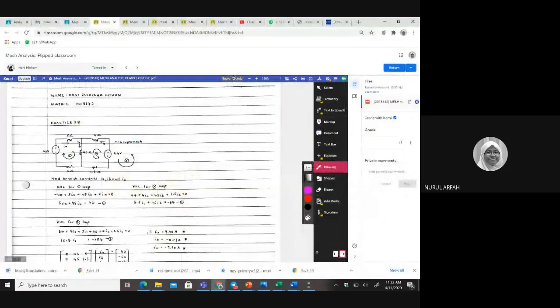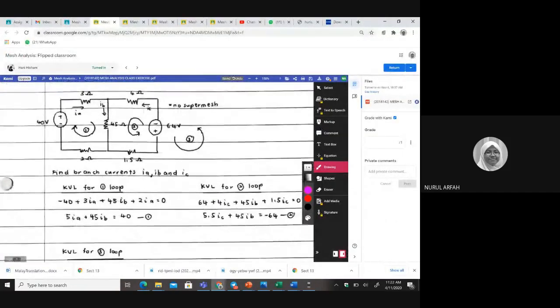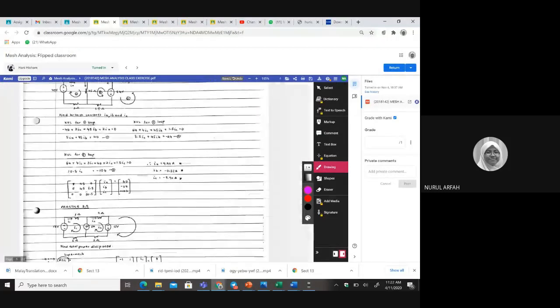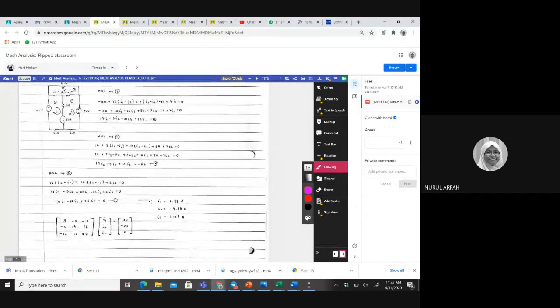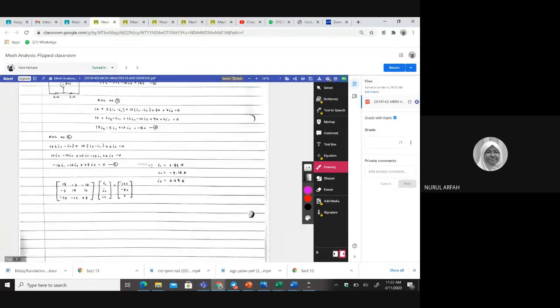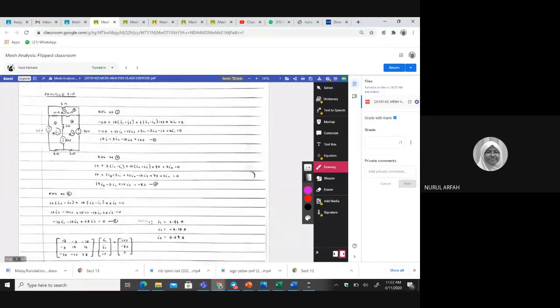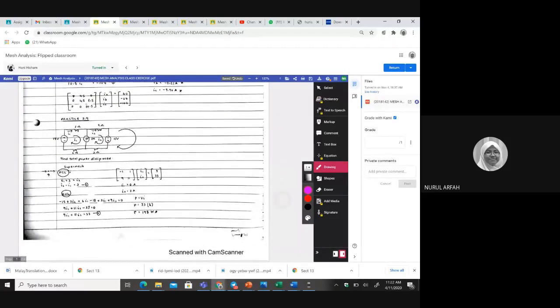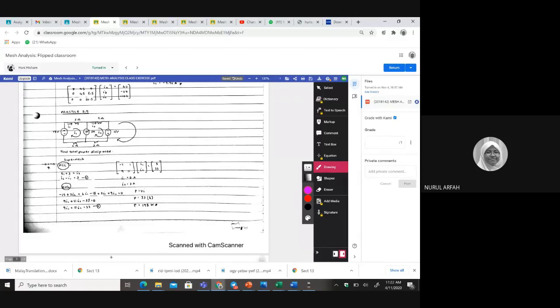Hani using pen here. Very good. Okay, 3.8. Hani ada jawapan untuk 3 point. Which one we haven't touched yet? Tapi this one tak apa, no problem. This one wrong.